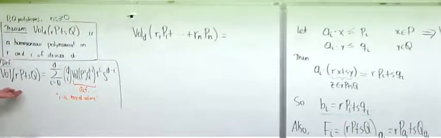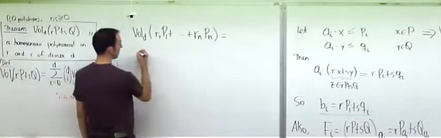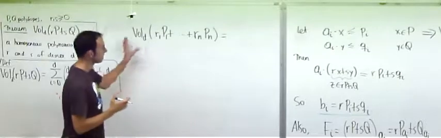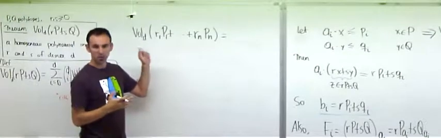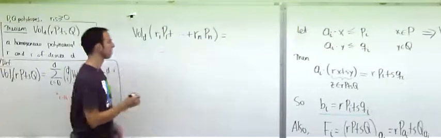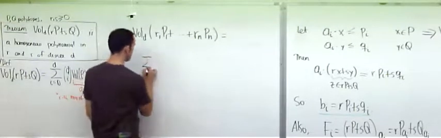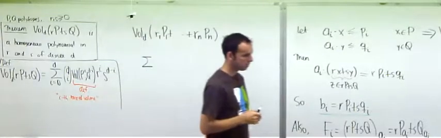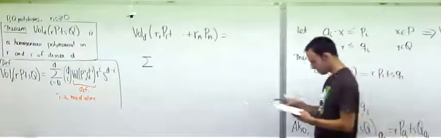Well, I mean, you can by induction get a formula. And let me just tell you what the formula is. Naturally, what you're going to get is that this is a homogeneous polynomial of degree d, except that now you have more variables.